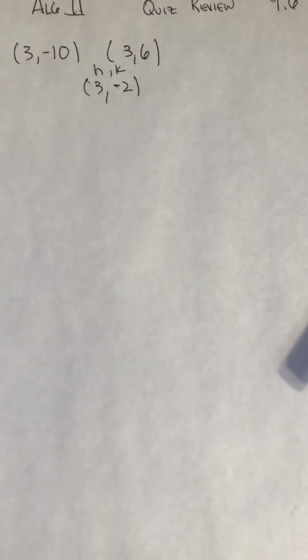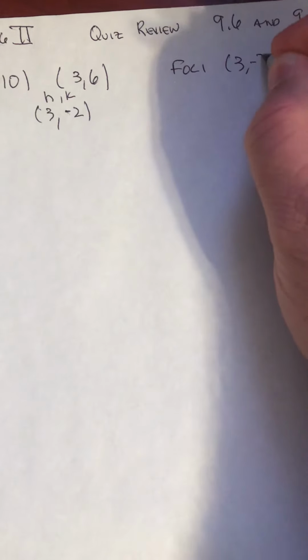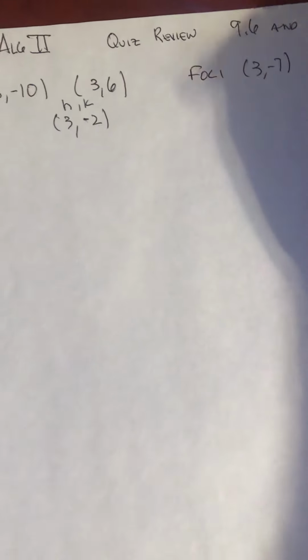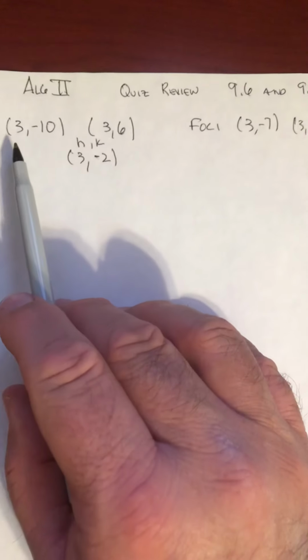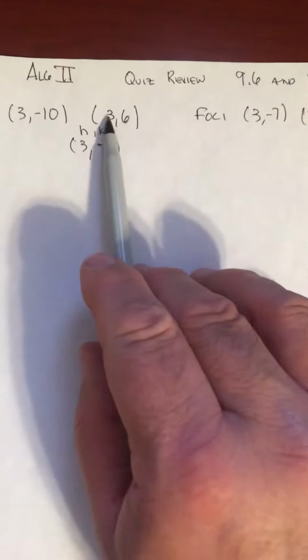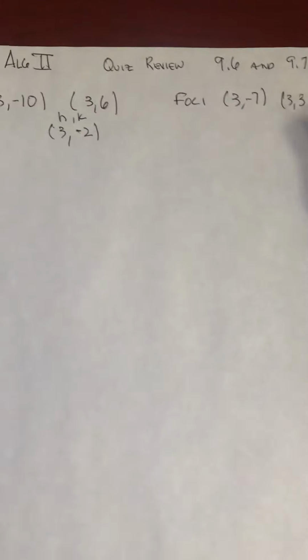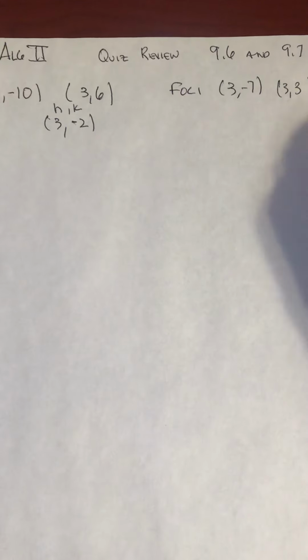All right. We are also told that the foci are at (3, -7) and (3, 3). Now if you look at these four coordinates right here, 3 is the x-coordinate in all four of them. That means that the x-coordinate's not moving.